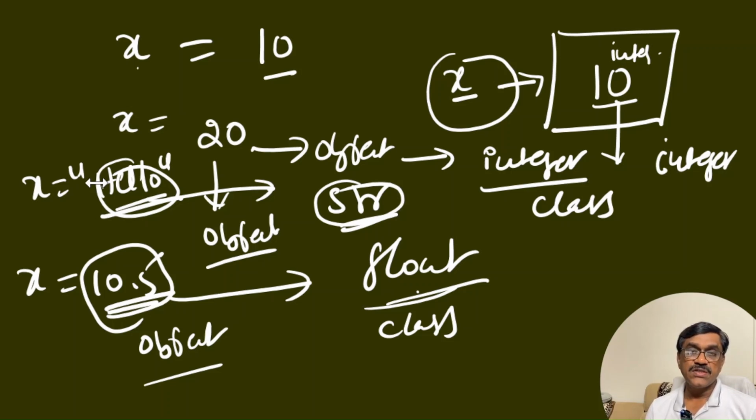An object is an entity which consists of data, not only data, along with the properties and the behavior. This is a clear distinction about the variables in Python, and we have also discussed the variables in C programming. In C programming we use static typing, but in Python we use dynamic typing, right? This is how we are going to use the variables in Python and C programming.